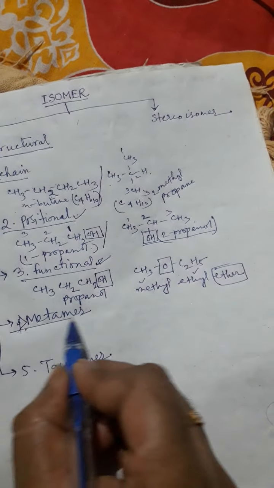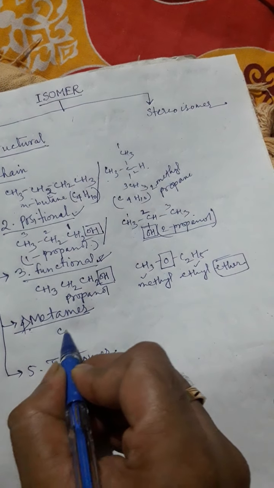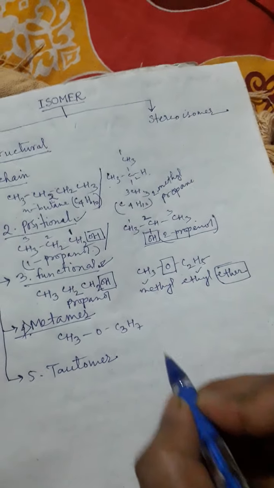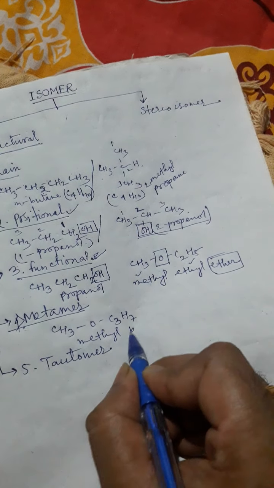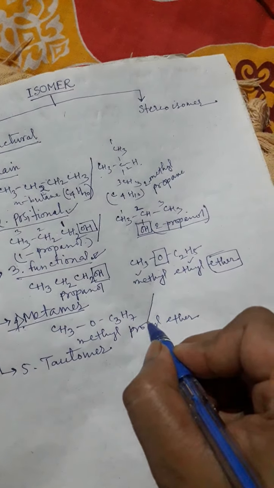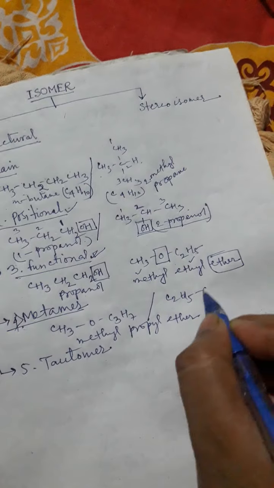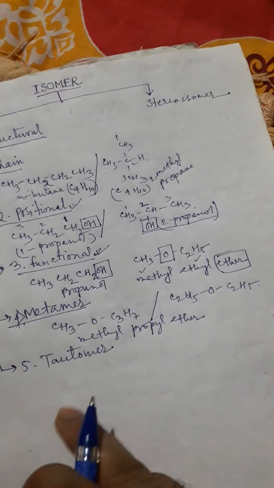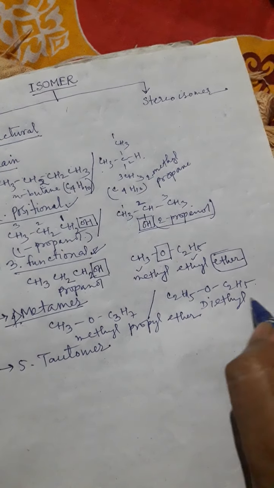Next, coming to metamer. Giving one example, suppose CH3 O C3H7. This is methyl propyl ether. Drawing the structure this way: C2H5 O C2H5. So this is diethyl ether.